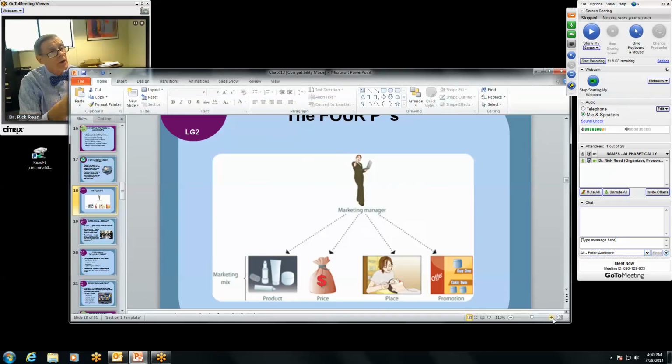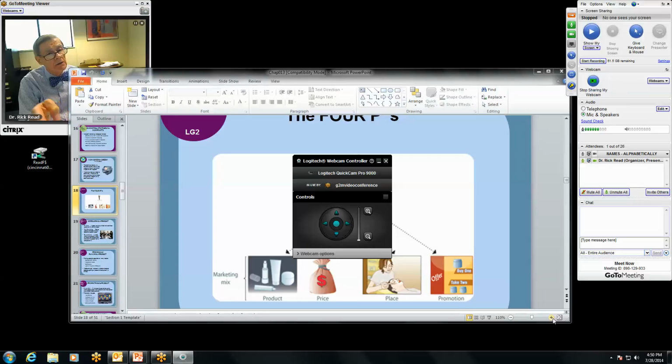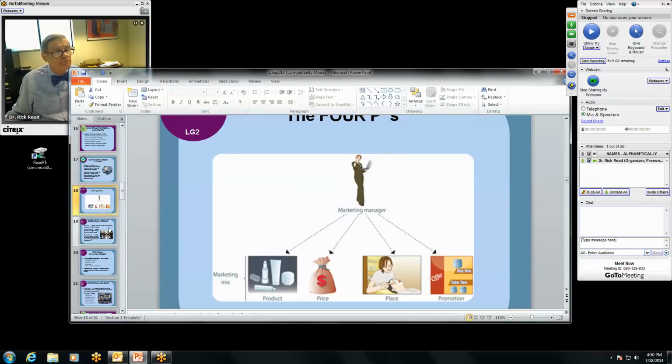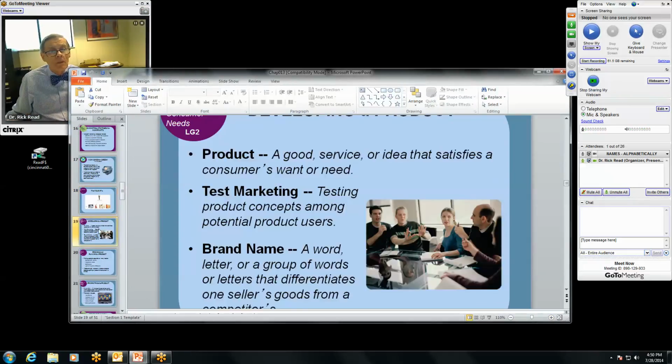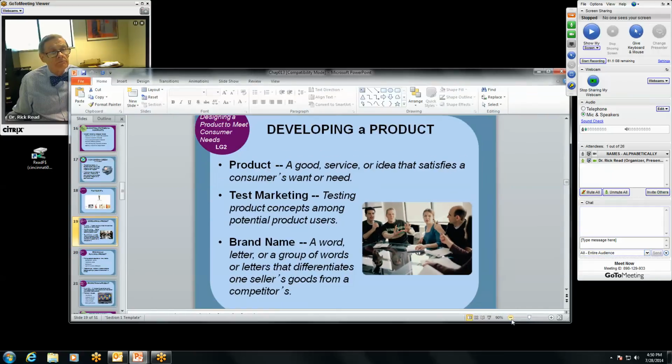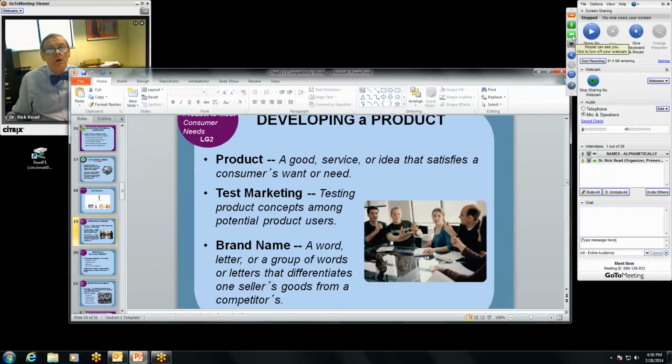So what it is we're going to buy, how much it costs, where we can find it, and what type of promotion do we need.